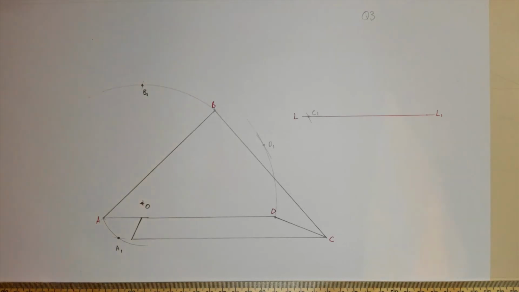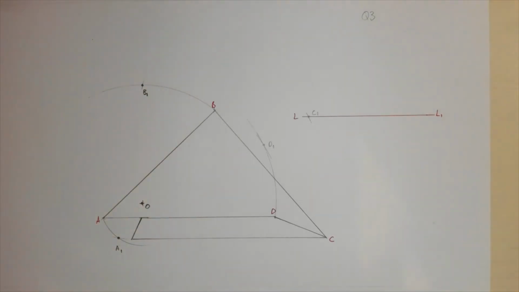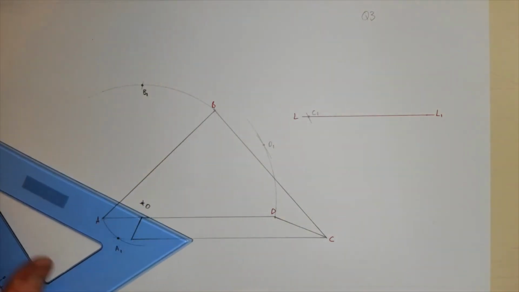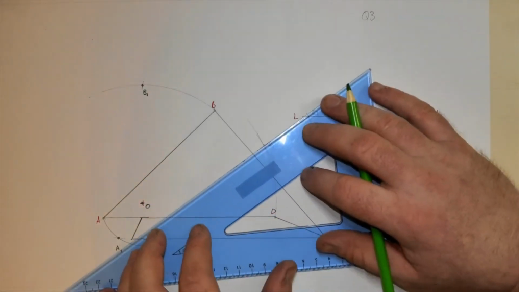What we can do then is join them together, and we just use a heavier pencil for this. Or actually, I might use a coloured pencil to make it a bit clearer. So we go from A1 to D1 first.